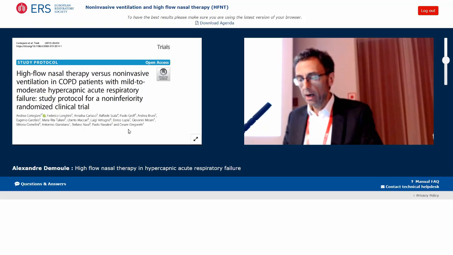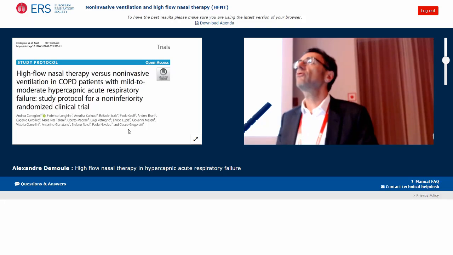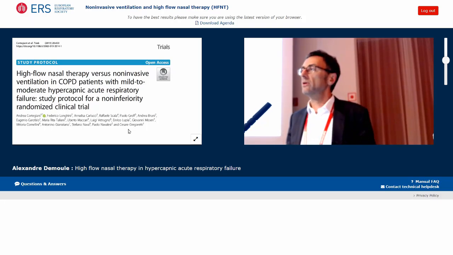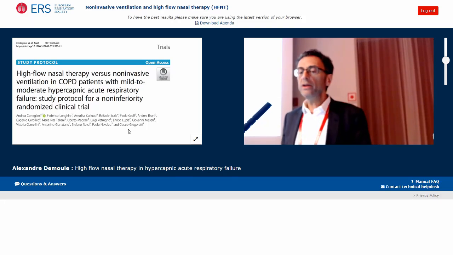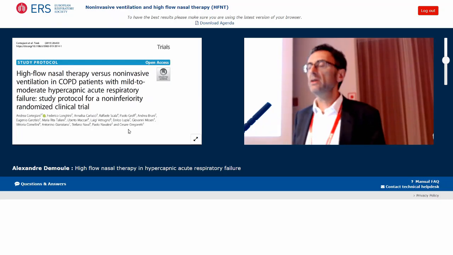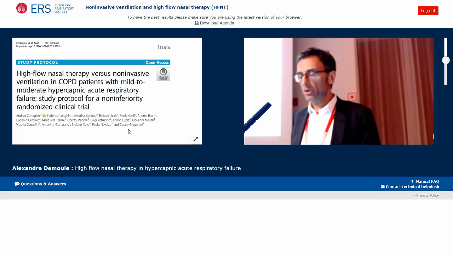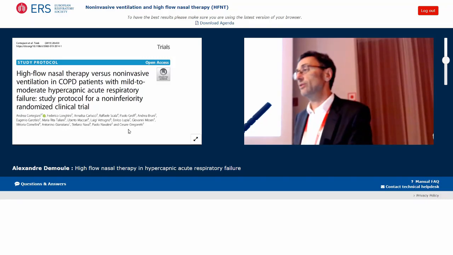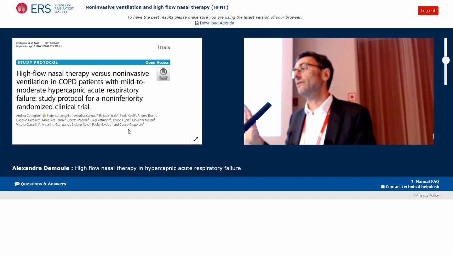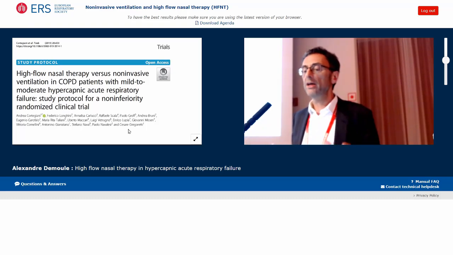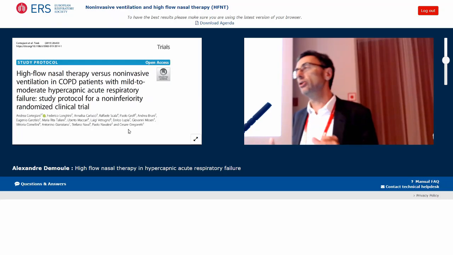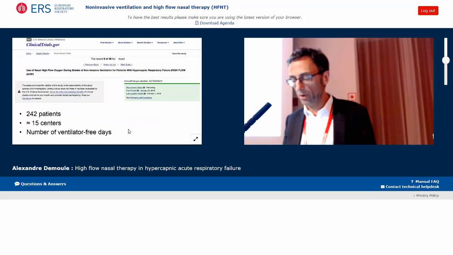So we are waiting for two different trials. One is a non-inferiority trial from the Cesare Gregoretti group, and Cesare Gregoretti told me that 6 patients remain to be included. This is a non-inferiority trial comparing high flow therapy and non-invasive ventilation, so it's one versus the other.